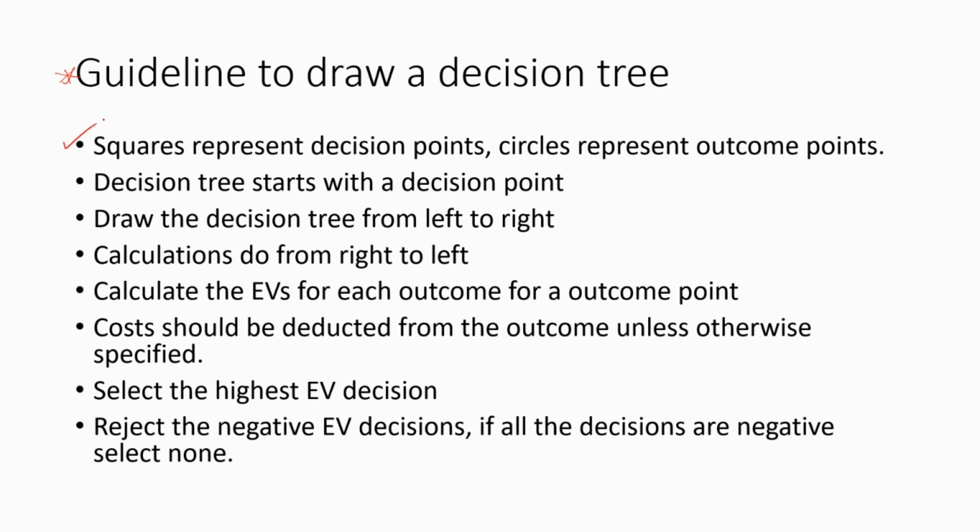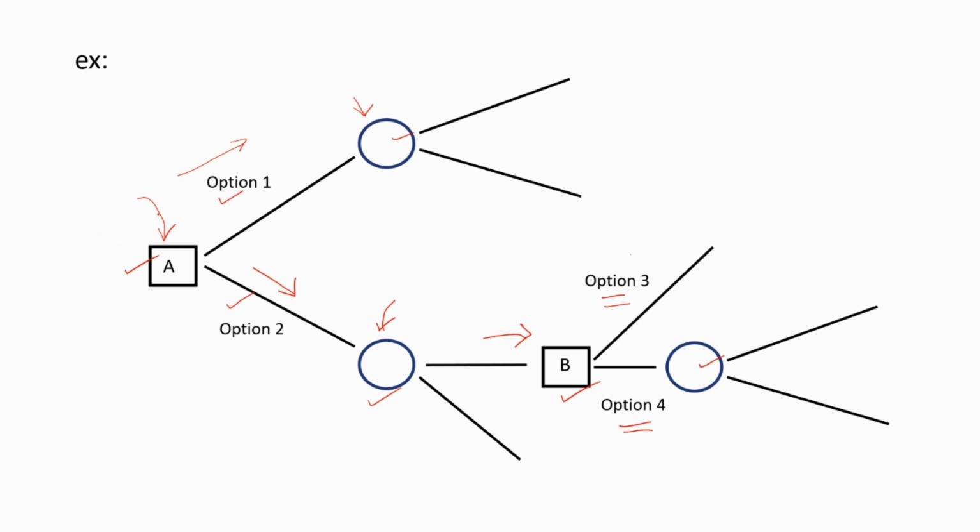Now we know squares represent decision points, circles represent outcome points. A decision tree starts with a decision point. Let's go back. Look at here. This decision tree starts with a decision point. So now you know every decision tree starts from a decision point.